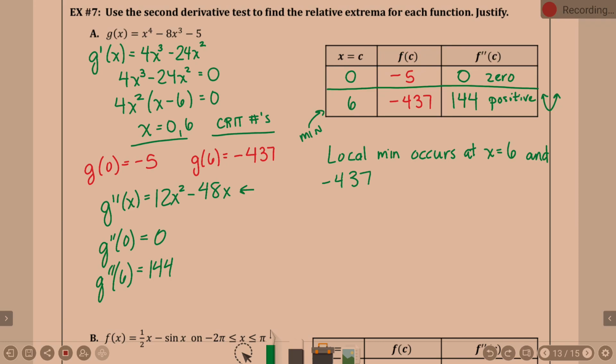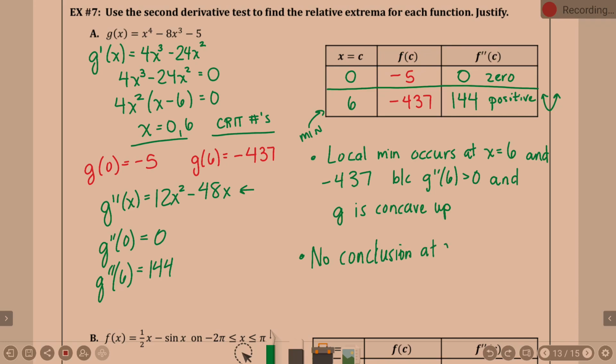That's because the second derivative at 6 is greater than 0, and thus G is concave up. And then there is no conclusion at x equals 0.